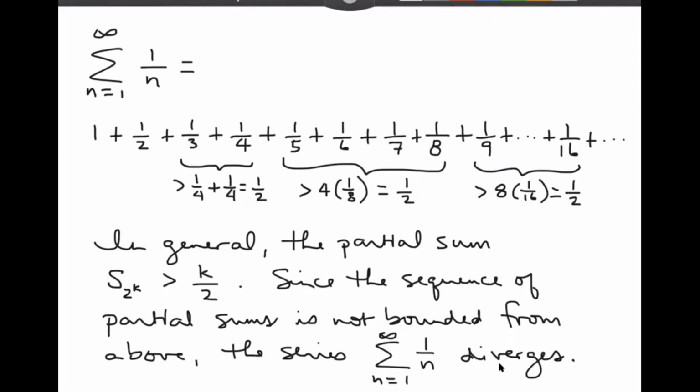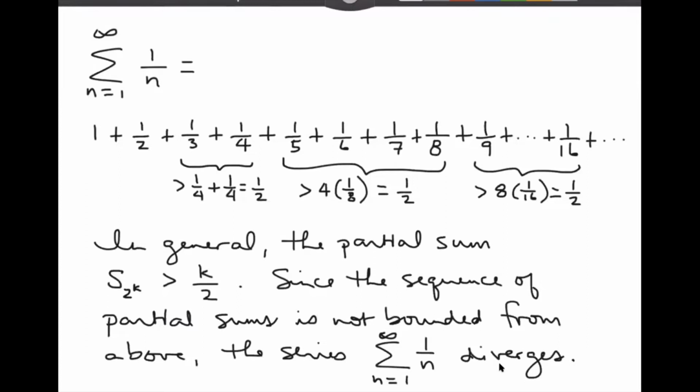And in general, the partial sum S sub 2 to the k. Take a moment to wrap your head around that notation. That is the 2 to the kth partial sum. In other words, we're only looking at partial sums S1, S2, S4, S8, S16, where the index is a power of 2.